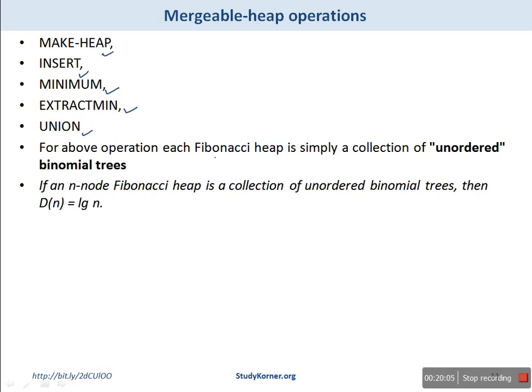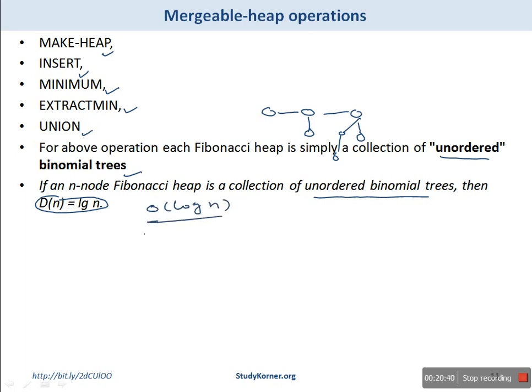And we can say that for each operation, a Fibonacci heap is simply a collection of unordered binomial trees, because we are not following the order of degrees in this type of Fibonacci heap. If an n-node Fibonacci heap is a collection of unordered binomial trees, then the maximum degree of any node is equal to log n, or we can say that it is in order of log n.